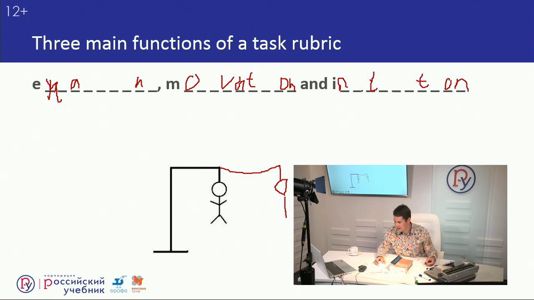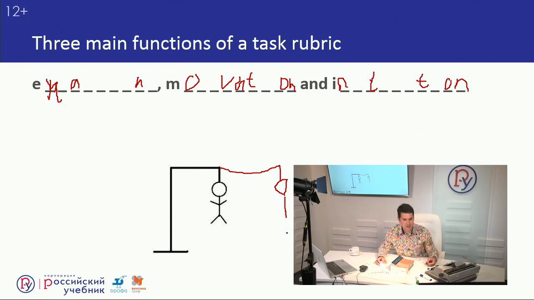And F. No F. And I. Yes, the I is here, but we also have another I in here, in here, in here, and that's it.